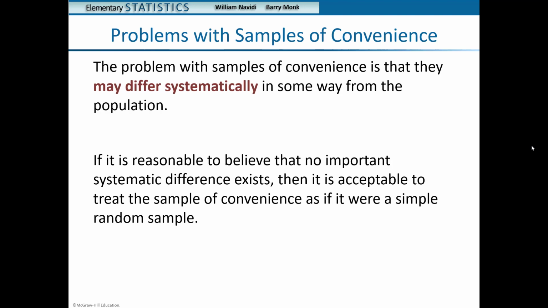So with regard to the concrete blocks, if the engineer is confident that the blocks on the top of the pile do not differ systematically in any important way from the rest, which seems probably reasonable for a pile of blocks, then he can treat the sample of convenience as a simple random sample, right?